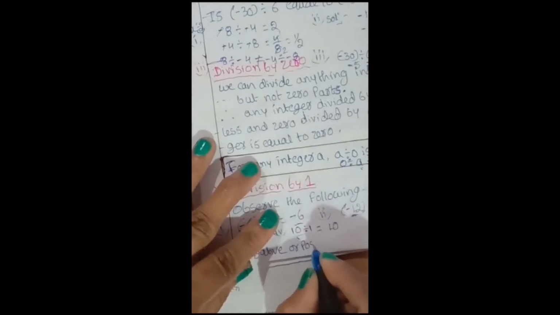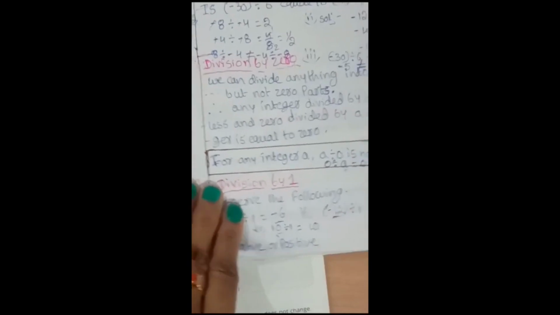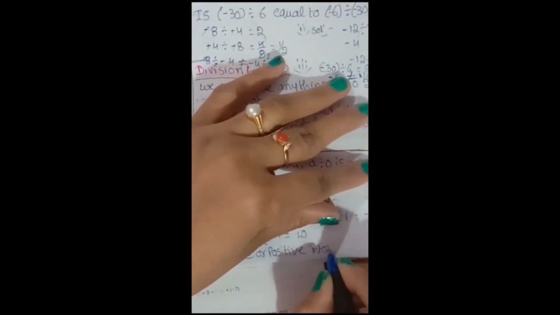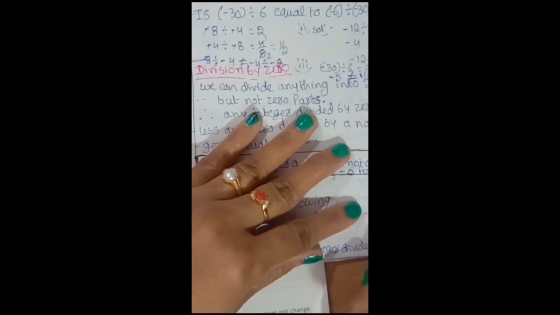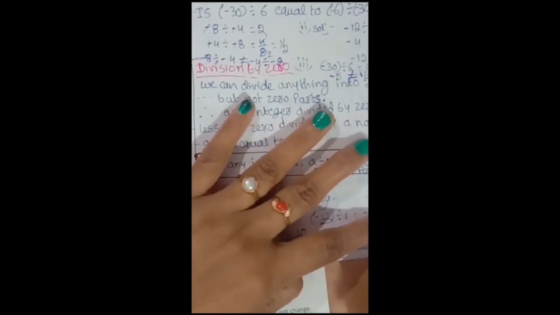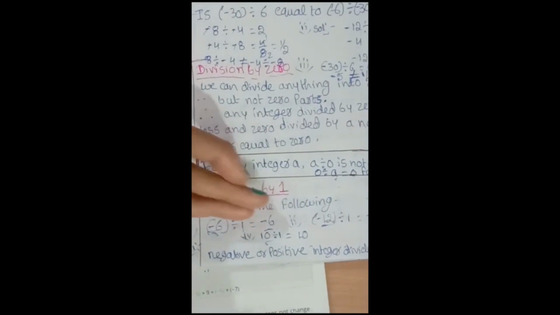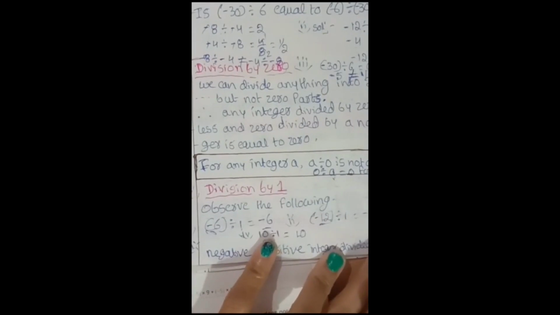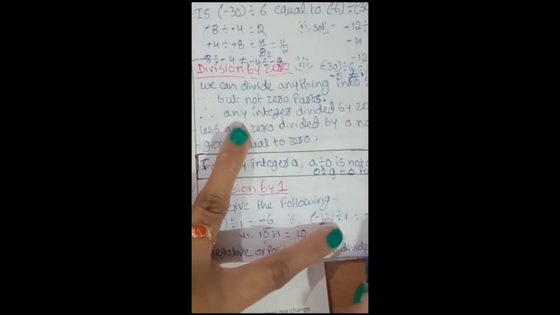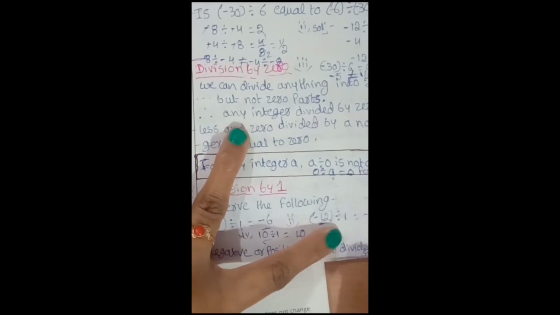From the above examples, a negative or positive integer divided by 1 gives the same integer as quotient.